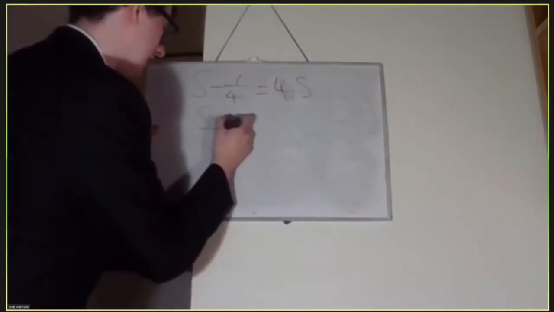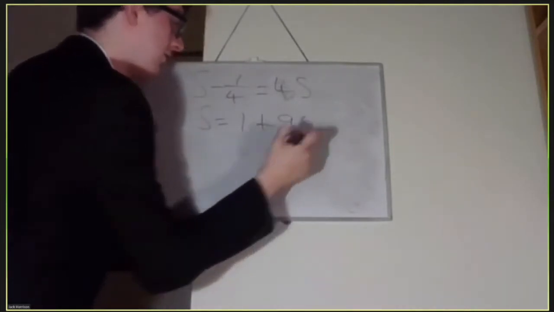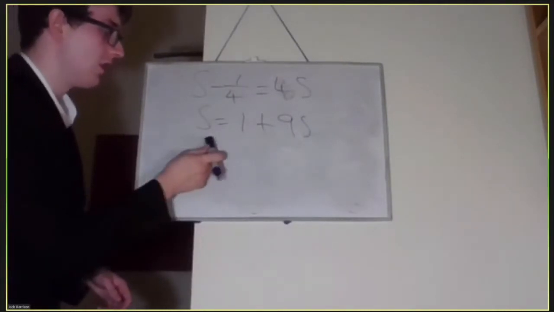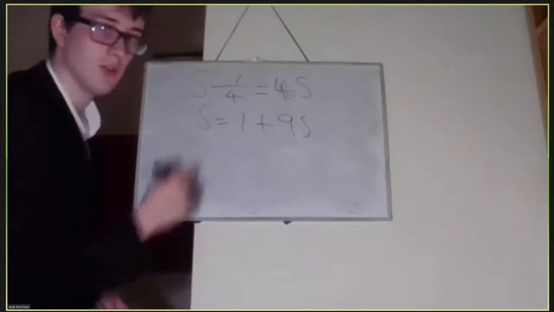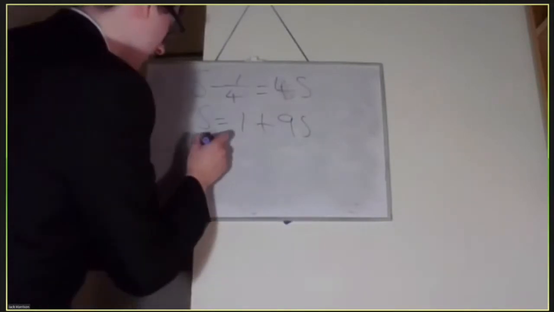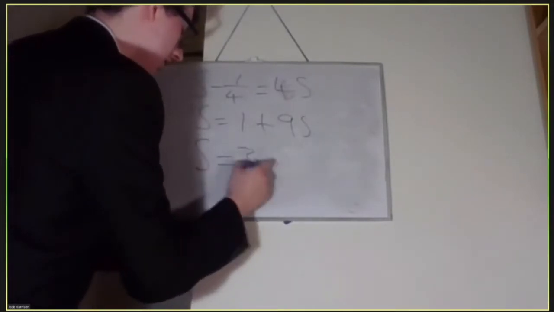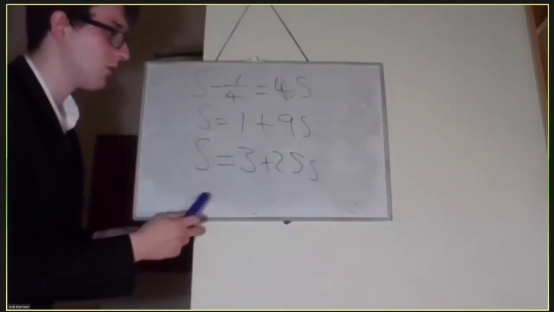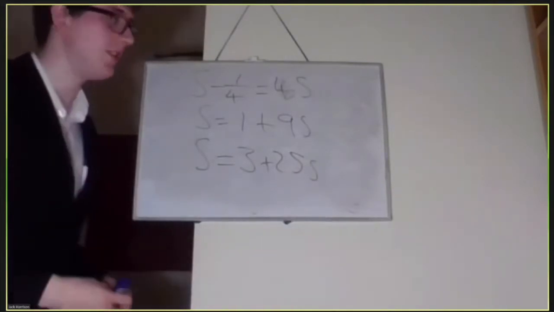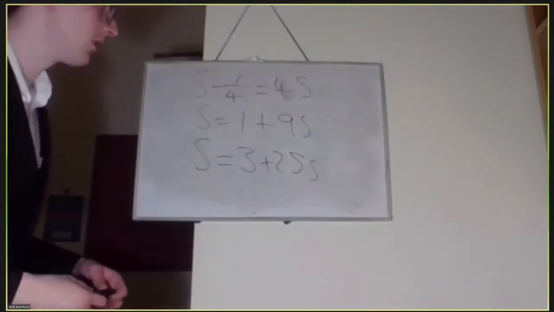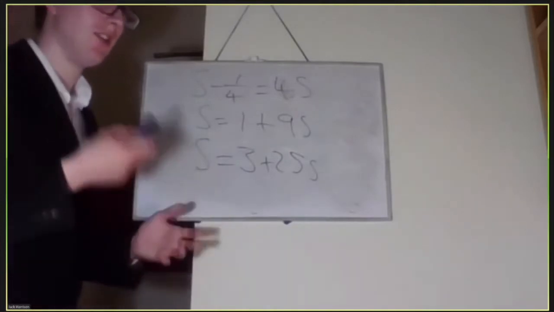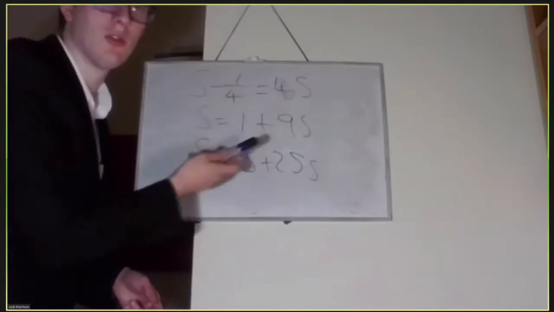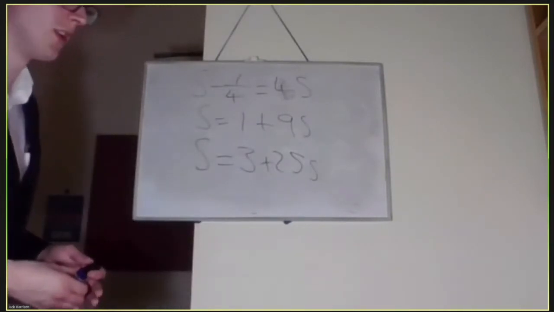I believe the first one had s equals 1 plus 9s, which, again, if s tends towards infinity, then 1 plus 9s also tends towards infinity. And we also have s equals 3 plus 25s in the other one, where if s tends towards infinity, then 3 plus 25s tends towards infinity. When we allow infinity in the set of possible solutions, then we can't just ignore it when we come across it as a possible solution for an equation.